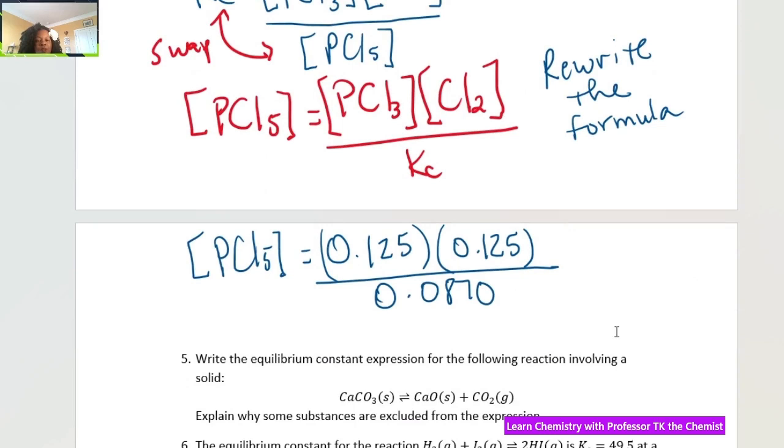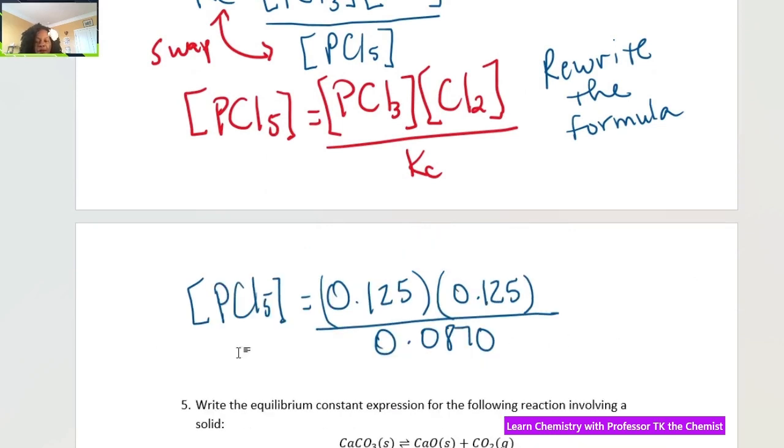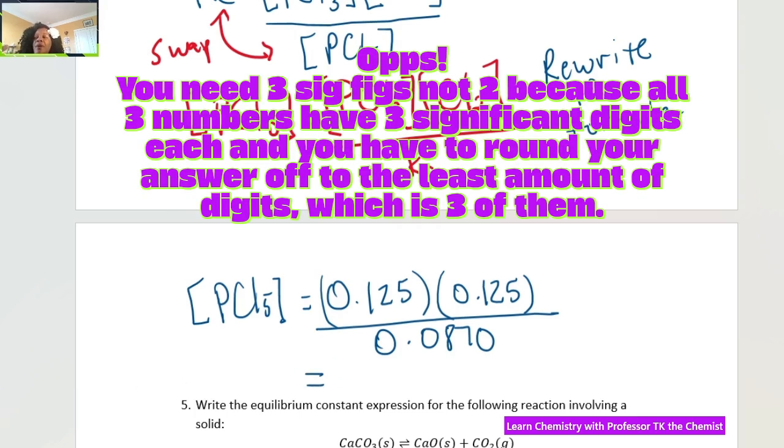Let's plug these numbers into my calculator to see what we get. 0.125 times 0.125 divided by 0.0870. We only need two of those numbers, guys. So we end up with 0.18 molarity.